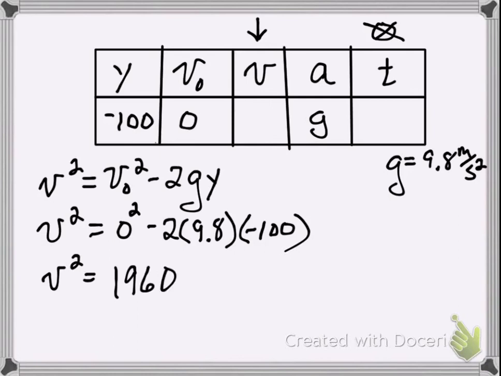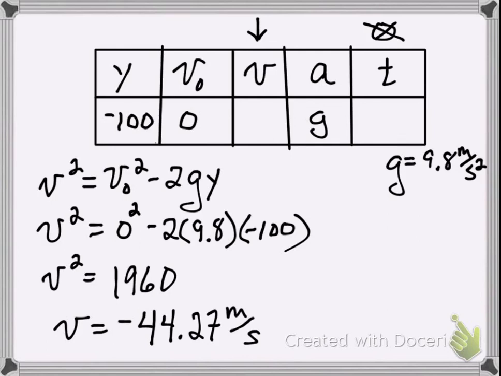So then to get our answer, we're going to take the square root, and we'll get the square root of this, which is 44.27 meters per second. However, we're going to say that it's negative because we know that the object is falling.